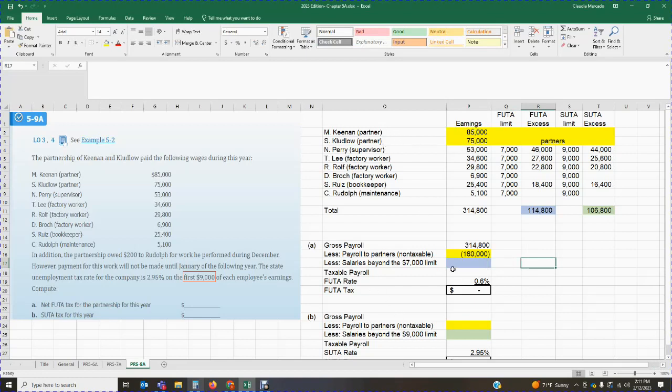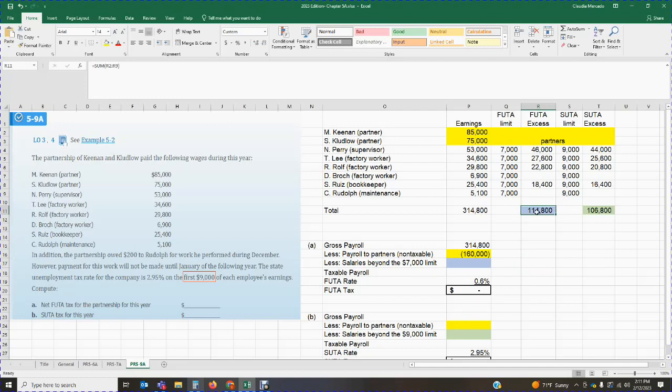Then I'm going to deduct any of my excess. These are any salaries beyond the $7,000 limit. We are calculating FUTA first. Let's focus on FUTA. Salaries beyond the $7,000 limit, I know that the excess amount is $114,800.